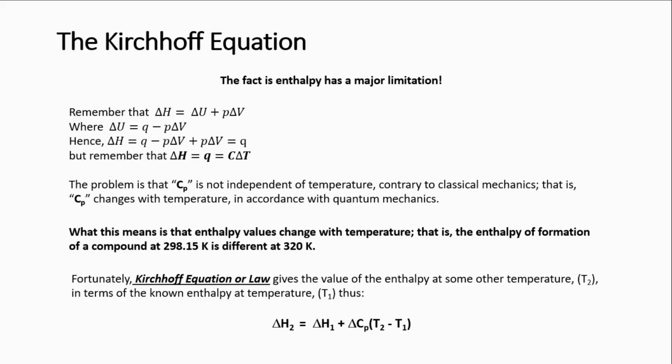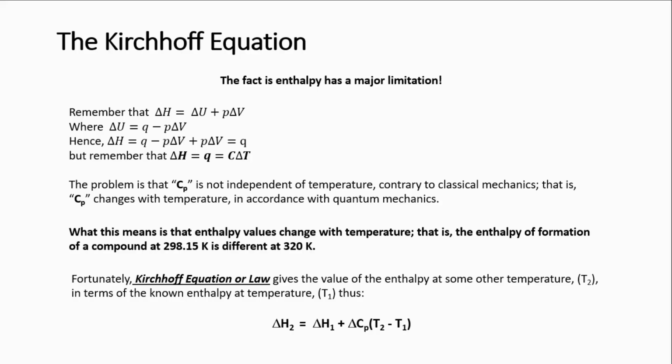He's a German physicist. Now, his equation says that the new enthalpy change value, delta H2, is equal to delta H1, the old enthalpy value at, let's say, 298 Kelvin, and now we are trying to calculate the new enthalpy change value at 320 Kelvin, which is delta H2.